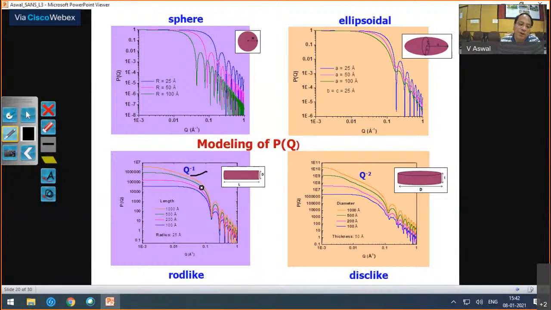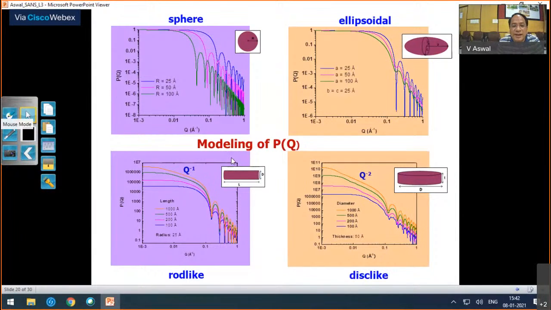Then you can think of a rod-like structure in the system. If you see a slope of 2 in the intermediate Q range, then you can think of this. Like that, some observations from scattering intensity can be used to start the model for form factor. And this will be a starting model.